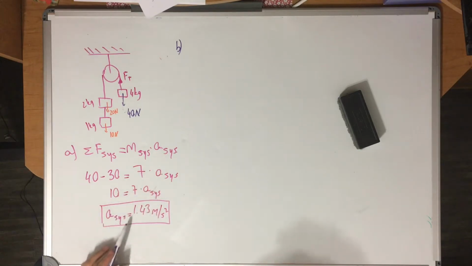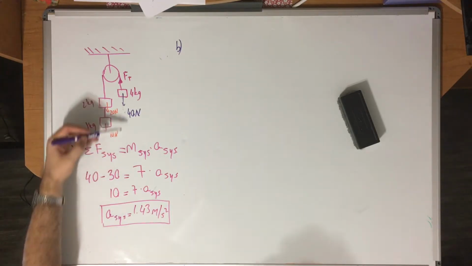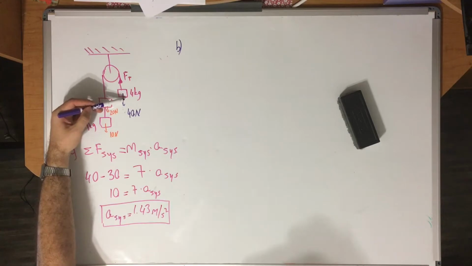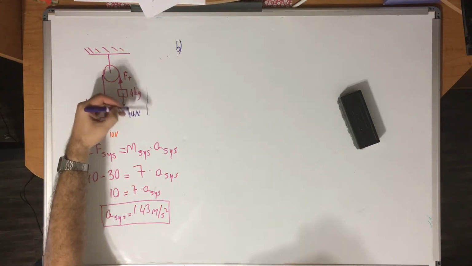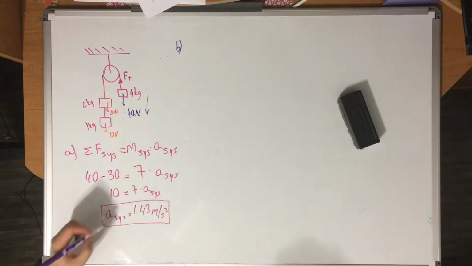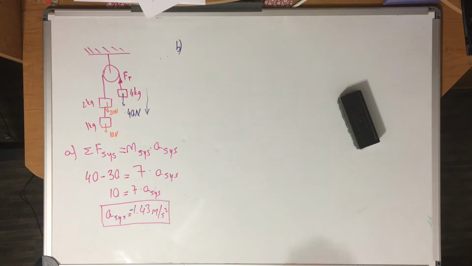Well, by the way, they are not asking for the magnitude of the acceleration, they are actually asking for the acceleration. And since this guy is heavier on the right side, this guy is going to accelerate downward. So this acceleration is supposed to be negative 1.43 meters per second squared. And that's important.